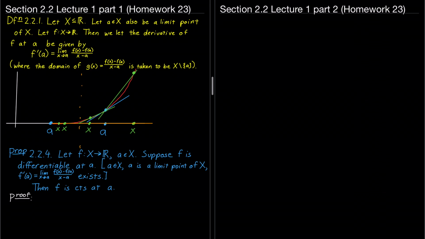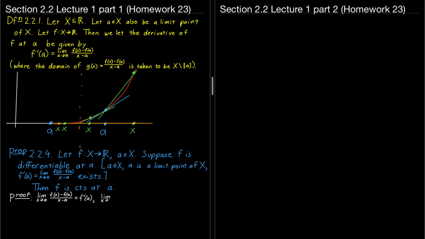So first I'll point out that these two limits exist. That limit is f prime of A, and here's another limit we're going to need.